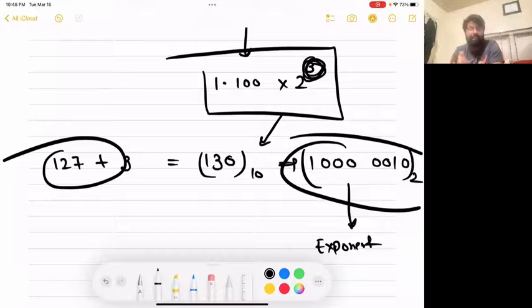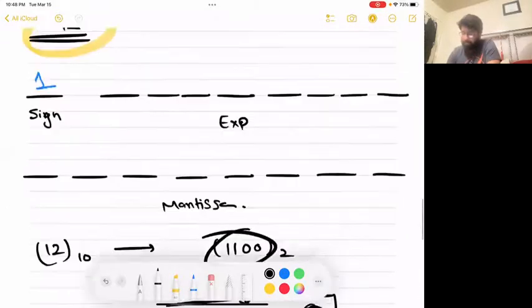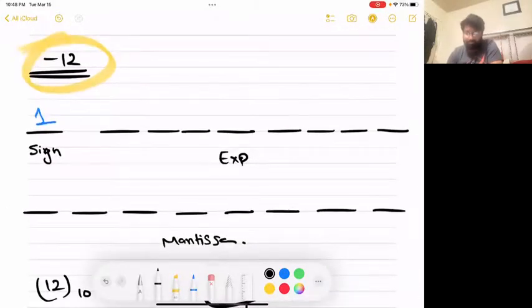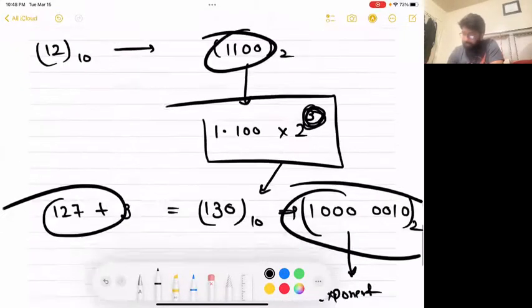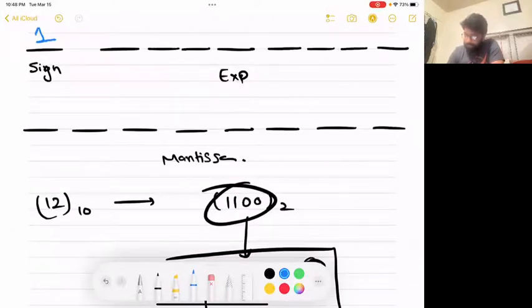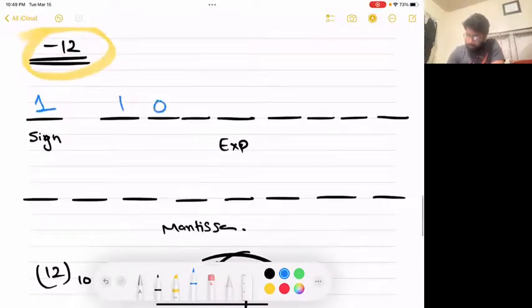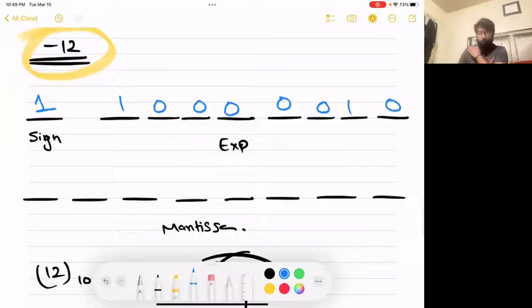I think that will be an easier way for you guys to remember that after doing normalization, the exponent of that normalized number will help us get the exponent bits of this number. Okay, so after all, we can just put these values here: 1 0 0 0 0 0 1 0. That'll be our exponent bits.